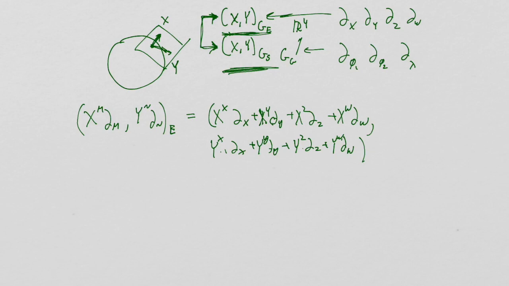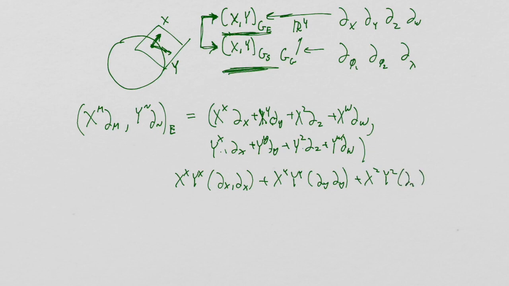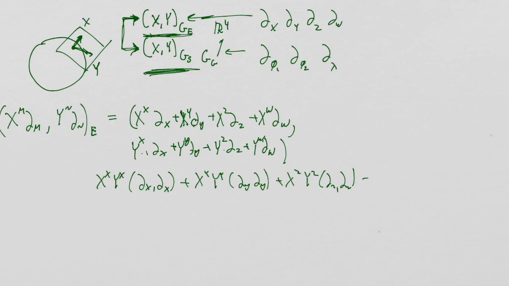And then, of course, by linearity, what do we end up with? We end up with xx, yx, partial x plus xy, yy, partial y plus xz, yz, partial z plus xw, yw, partial w.